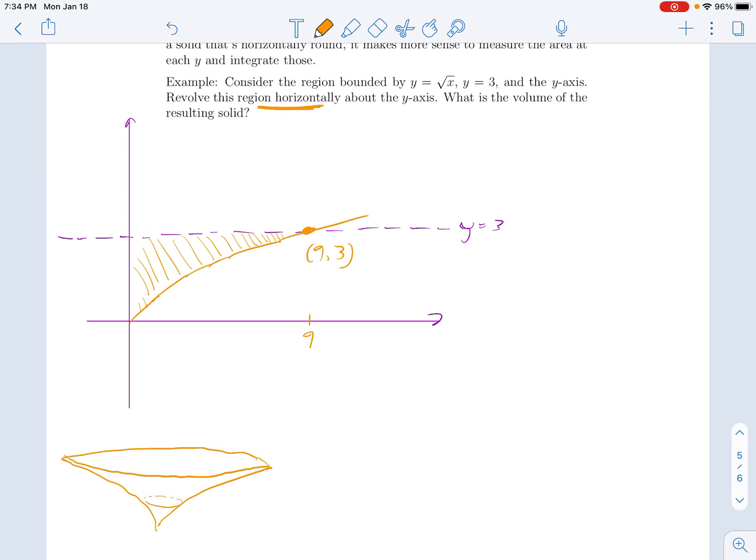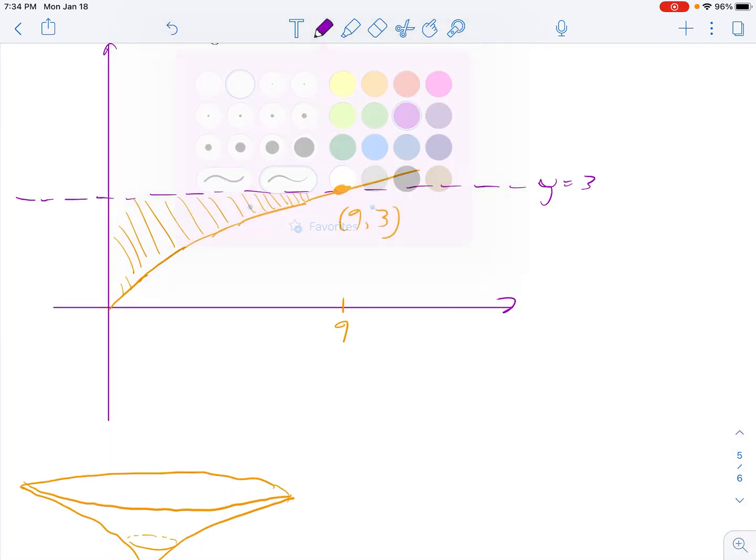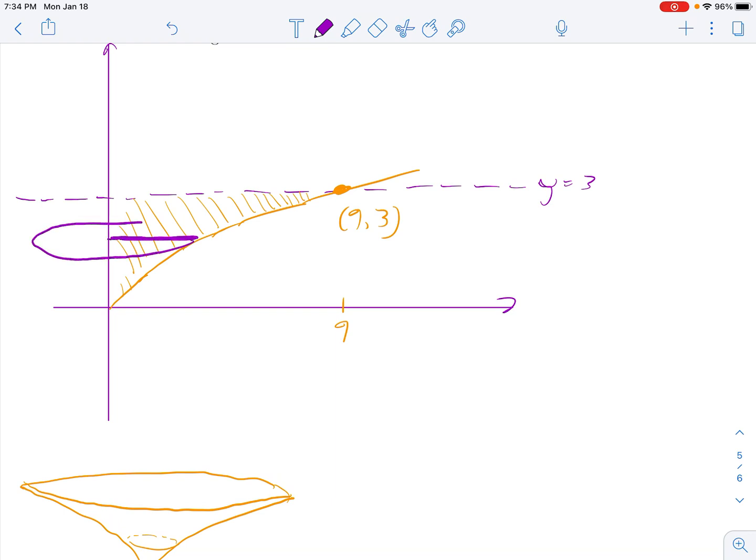Sort of funnel-shaped, but without straight sides. So the roundness happens horizontally. So we might think, oh, horizontally, all of the horizontal slices look like discs.